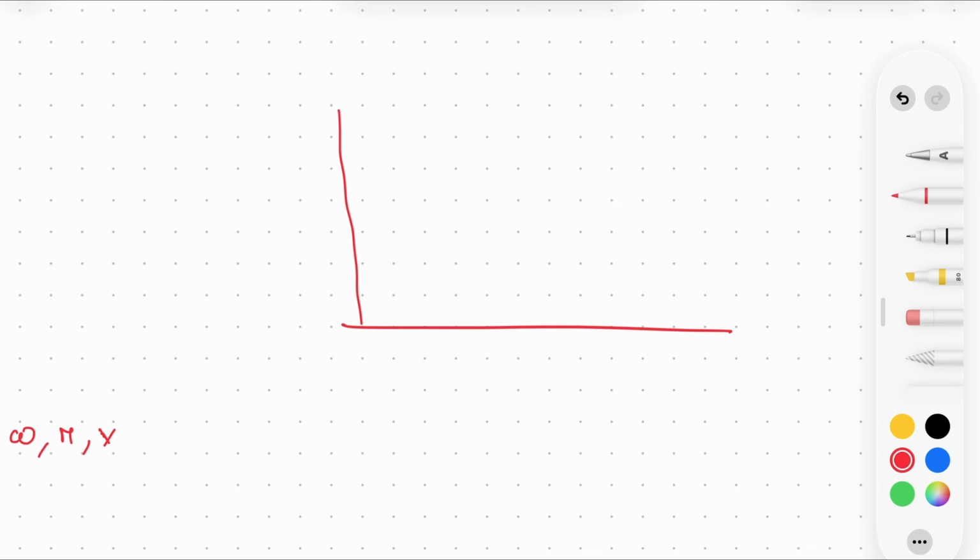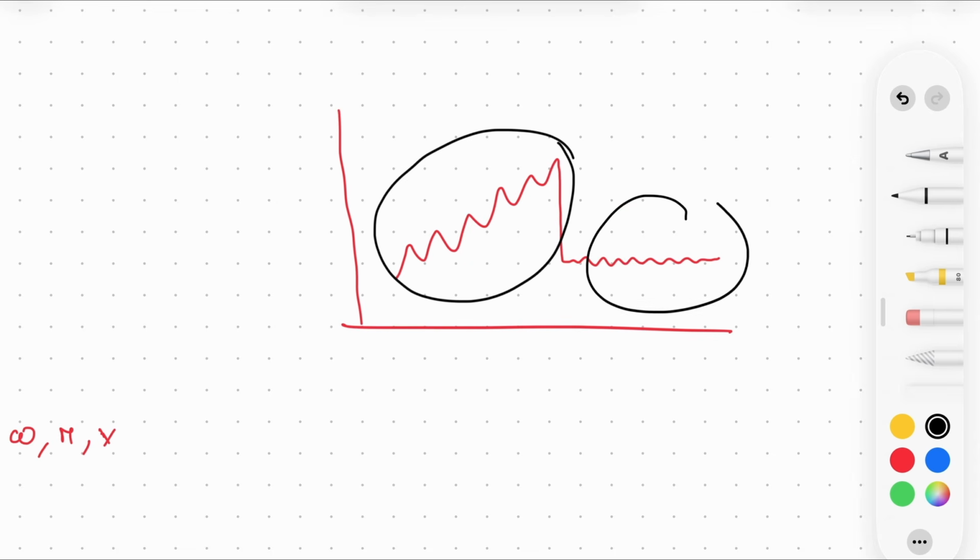Because as we have discussed, time series is autoregressive in nature, which means the future depends on the past values. So let's say you have data like this, and suddenly due to some reason, you have data like this. In this case, you cannot use your past values to predict the future because your past doesn't represent your future, and that is where forecasting becomes very difficult.